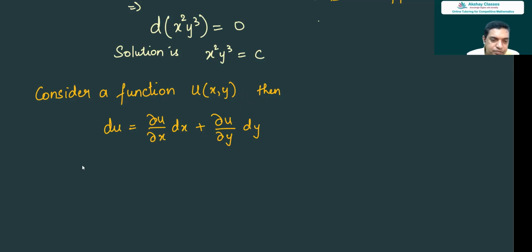So this implies du we can write as m dx plus n dy.